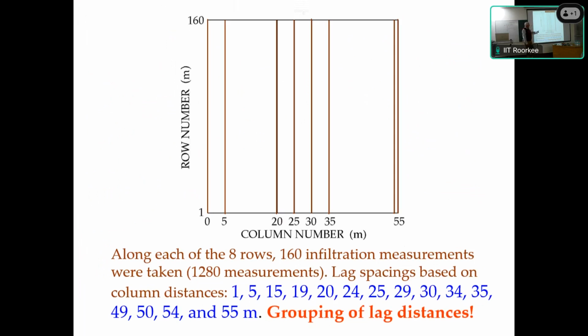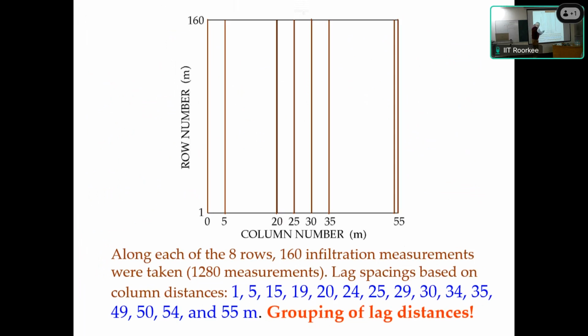And here, we want to look at those column numbers and identify what. Of course, within each row, it was 1 meter distance. But through those row distances, we want to see how many different distances they captured. So one was the 1 meter distance, here between 54 and 55. The second one was 5.